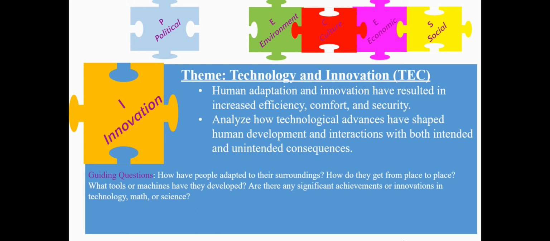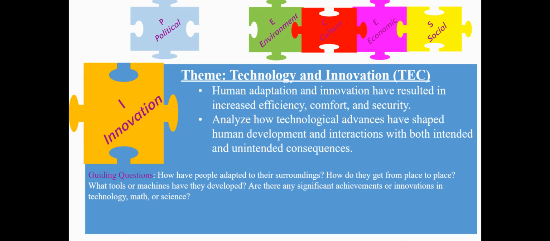When we're looking at the discovery of steel, smelting iron, and the things we can build with steel, the Brooklyn Bridge, that's technology. So you can see it really runs the course. We're going to analyze how technological advances shaped human development and then interacted with both intended and unintended consequences.